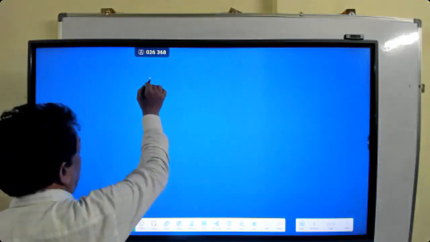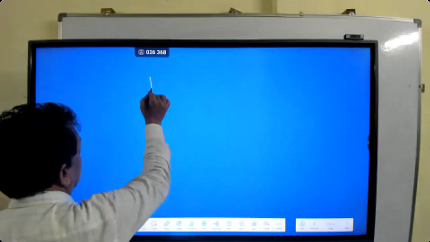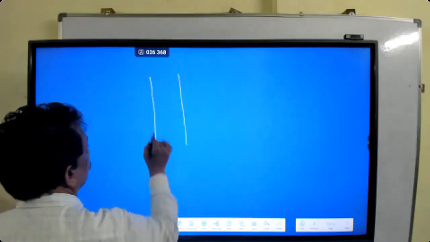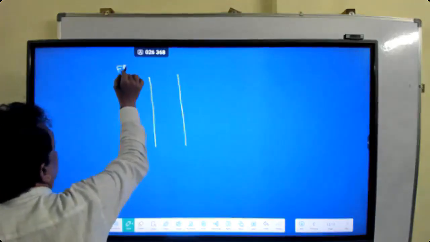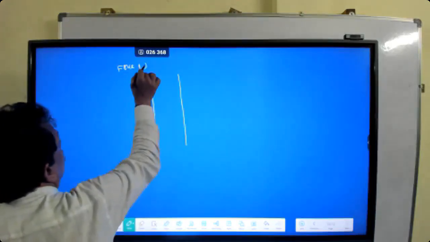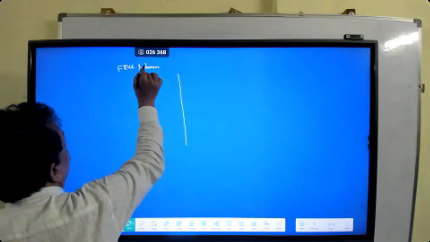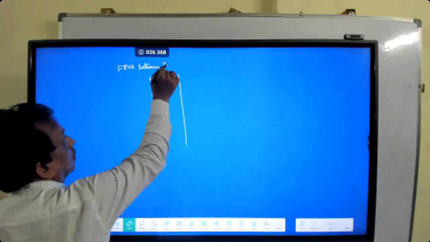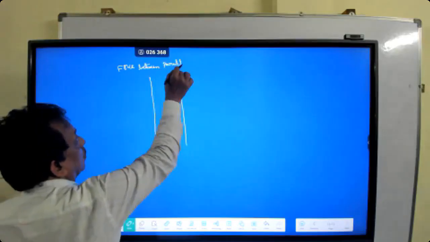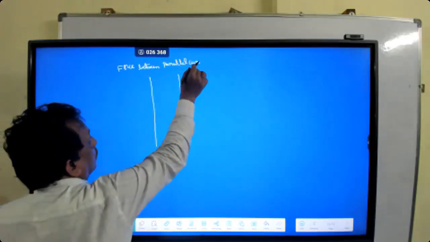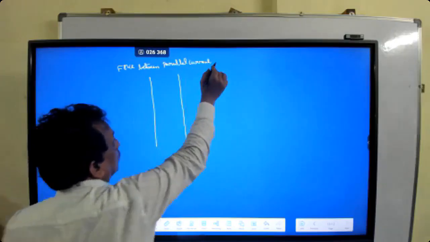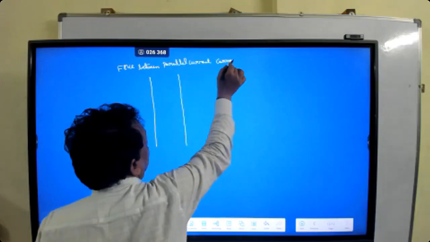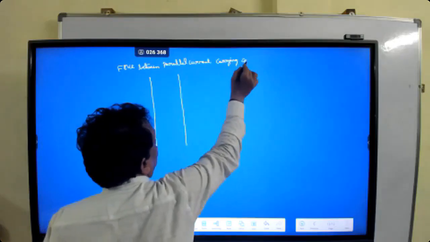Now, first I will take two parallel current carrying conductors.